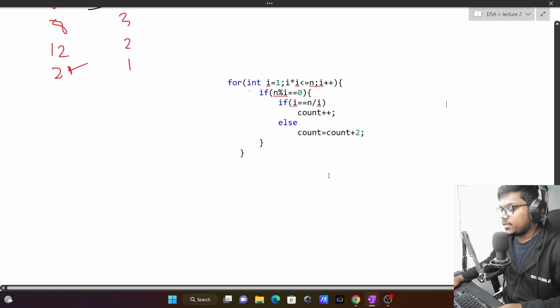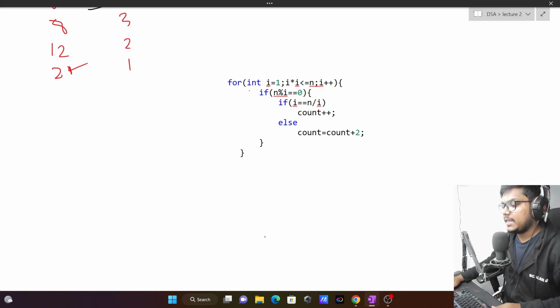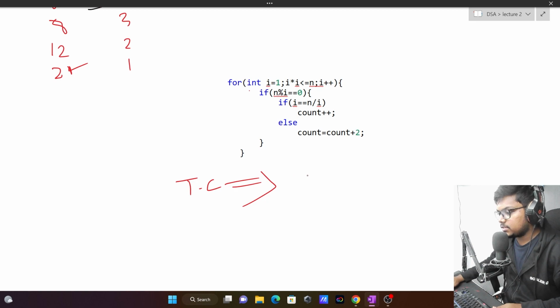Boom. Now what is the time complexity here? Can I say that the time complexity is nothing but i square less than or equal to n, right? Can I optimize it? i is less than or equal to root n.